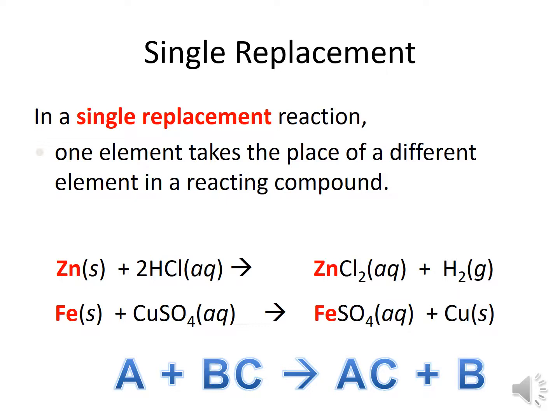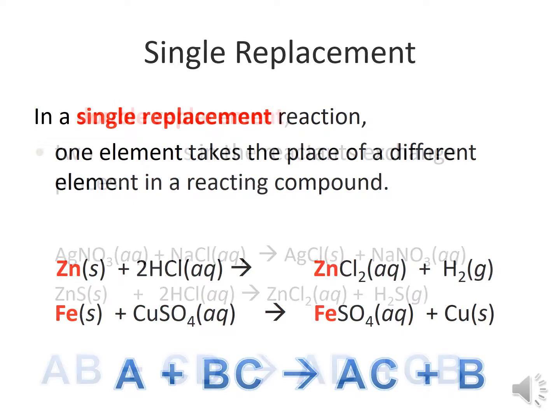Since the H is replaced, it's now alone and it forms H2. Iron is more active than copper, and iron will replace copper in copper(II) sulfate, making iron(II) sulfate and releasing the copper metal. So these have the general format of A plus BC yields AC plus B.